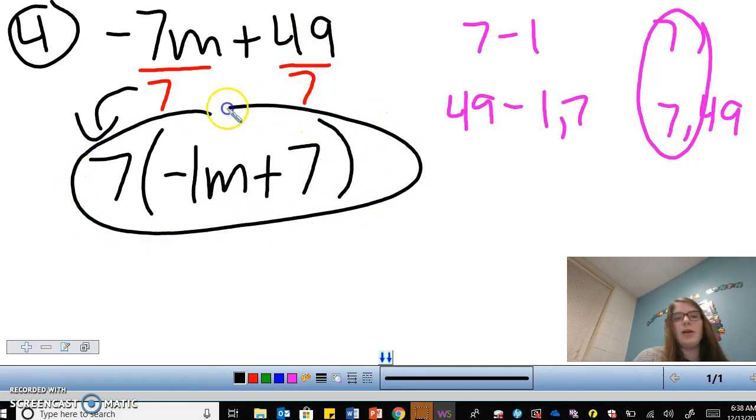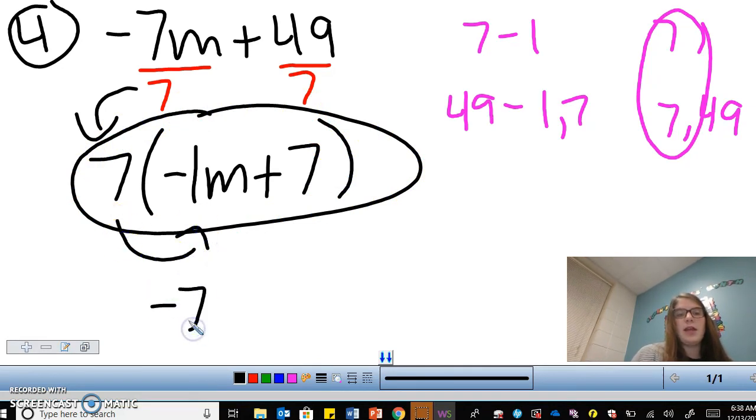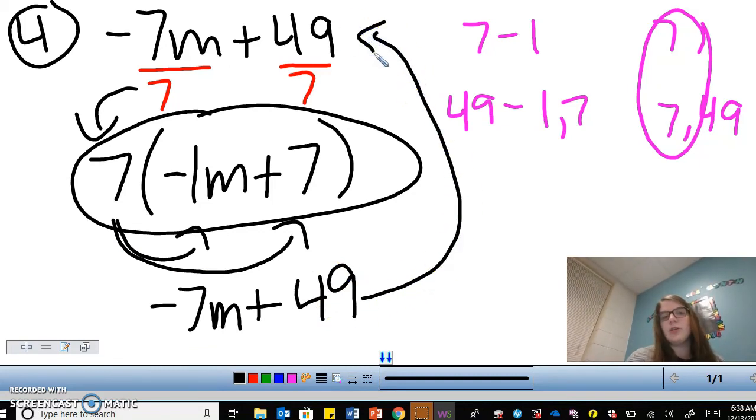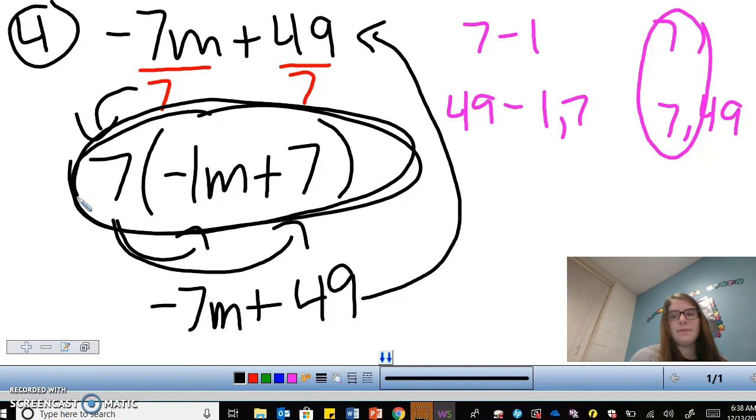So again, this would be our answer. We need to go back and check it. So 7 times negative 1 would be a negative 7m. And 7 times 7 would be a positive 49. So we look, that is correct. We got back to our original. So this right here is our answer. Hope that helped.